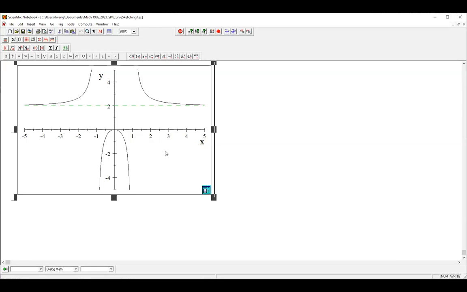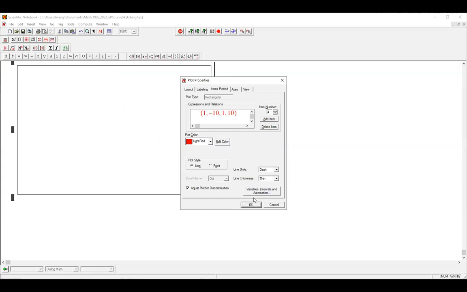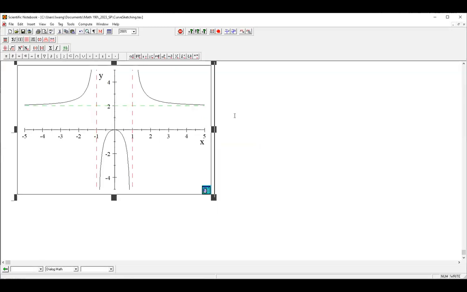That's the horizontal asymptote. We have 2 vertical asymptotes. One vertical asymptote, we're going to make it red, broken. Another vertical asymptote.